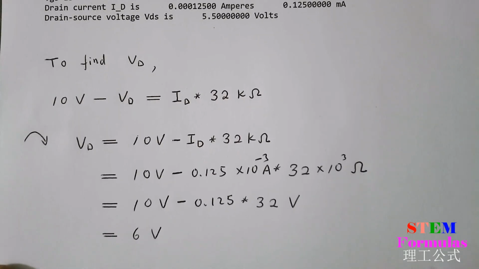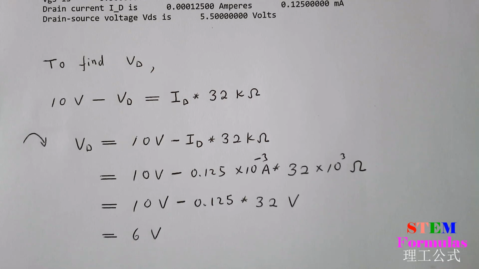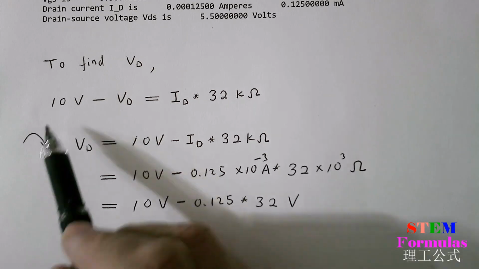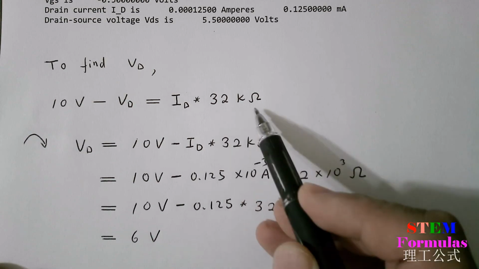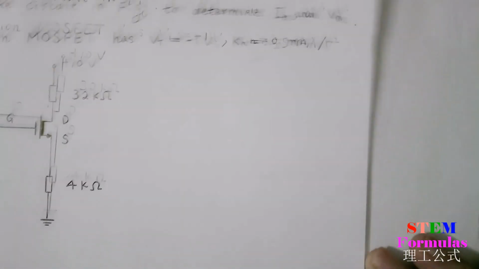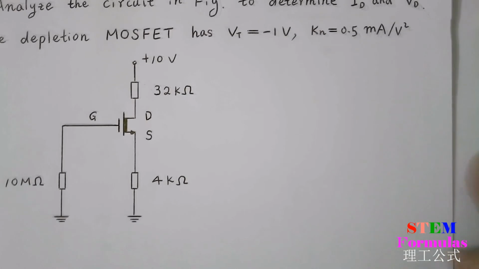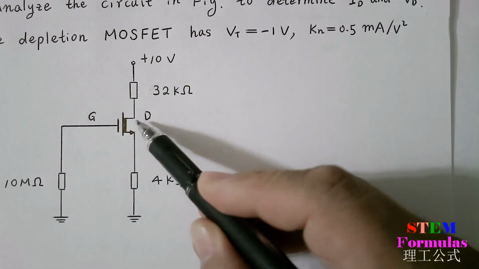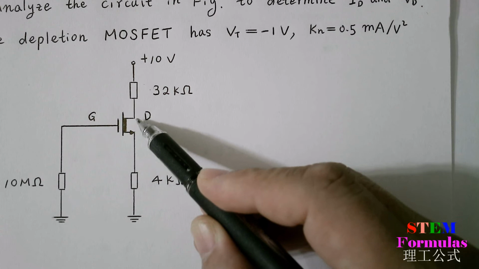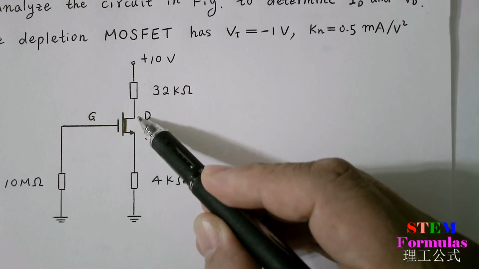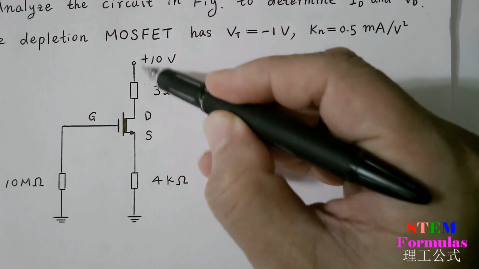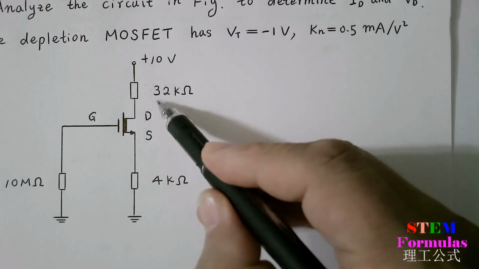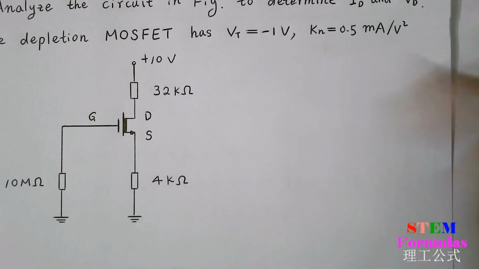Now, to find VD, we need to do the calculations. 10 volts minus VD equal to ID times 32 kilo ohm. Here is the schematic. We have 10 volts here, and we need to find VD. According to Ohm's law, 10 volts minus VD equal to current ID times resistance, 32 kilo ohm.